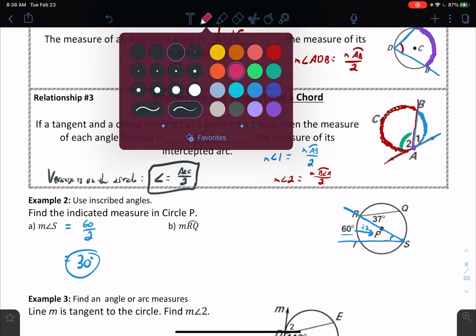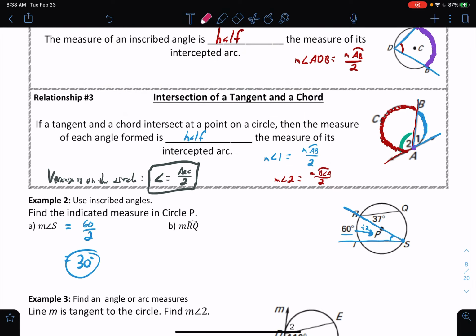What if we wanted to find the measure of arc RQ? Well, we don't have an inscribed angle to go with that. But we do see that RQS is a semicircle with this diameter. If I take this 37 and multiply it by 2, I get this arc here.